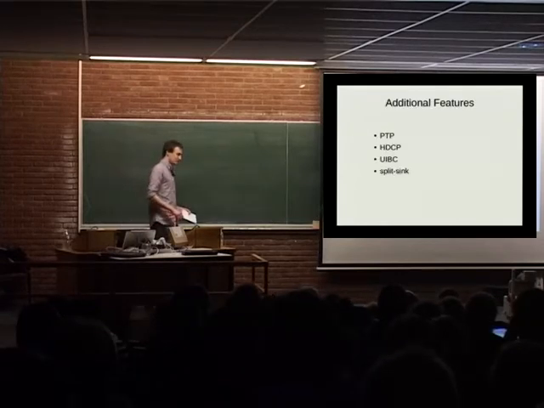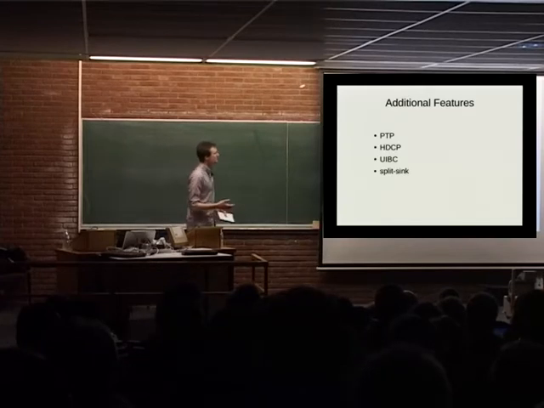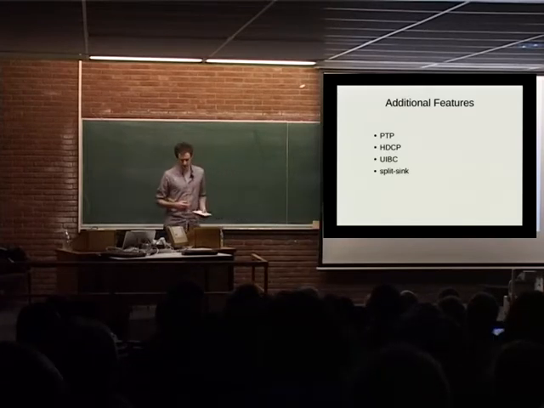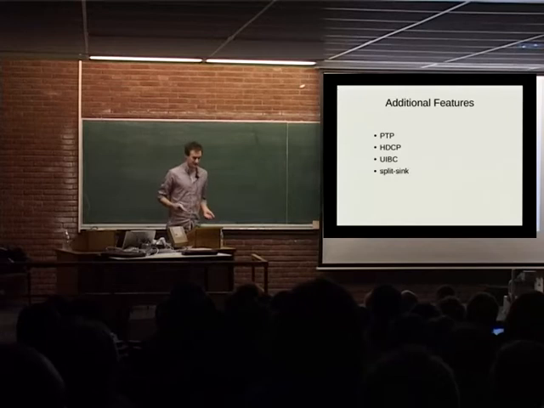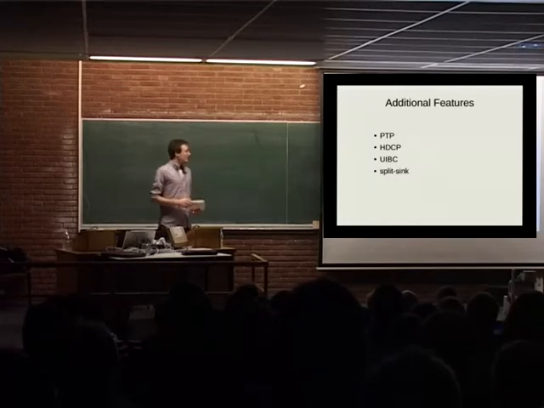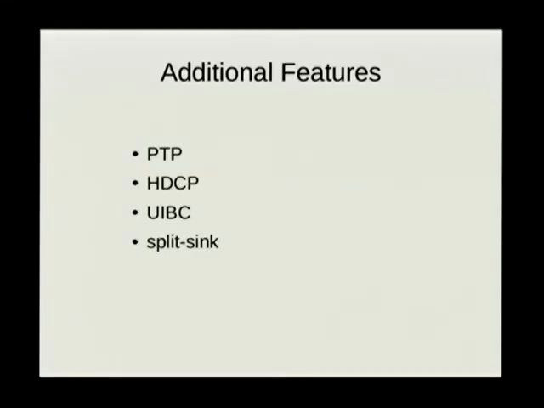So additional features. The server is done and you have connections between the two devices and can transmit data. As I said, I got that working really fast, but there are optional features you can use, like PTP. PTP is used to synchronize the clocks, so that's very important for the last of these features, which is split sync.